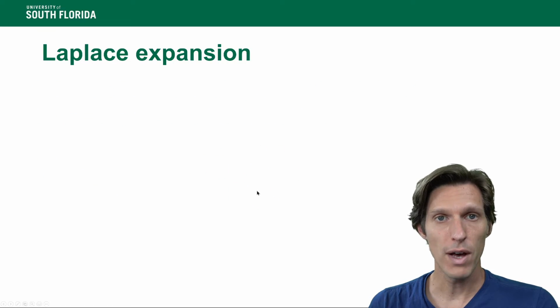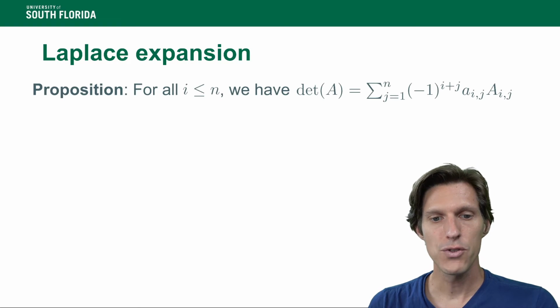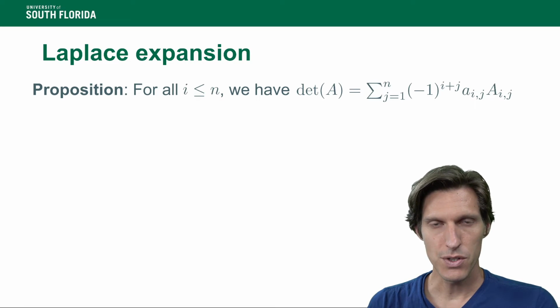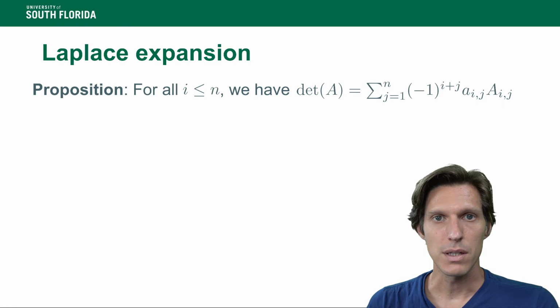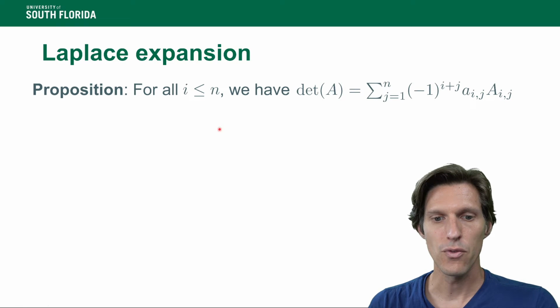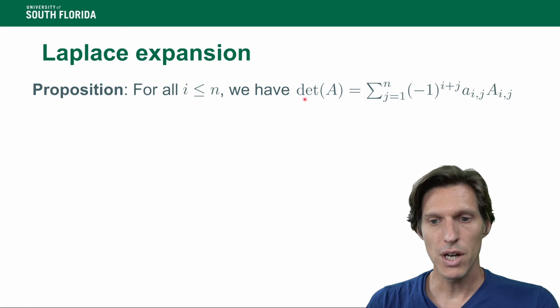Now, with cofactors, we can do interesting things. First of all, we can reduce the calculation of an n times n determinant to calculations of determinants of size n-1 times n-1. Otherwise said, we can reduce the calculation of determinant to the calculation of cofactors. Okay, and so for example, for each i, we can expand the determinant.